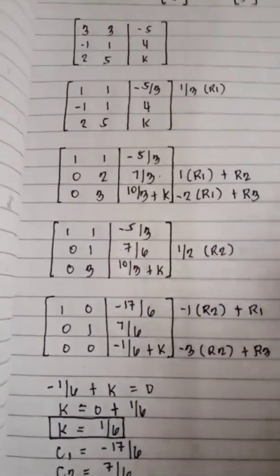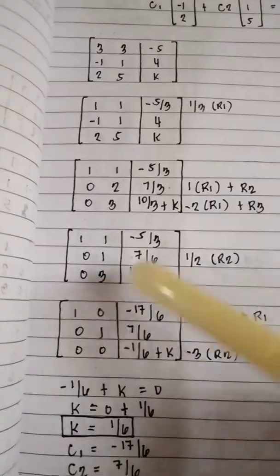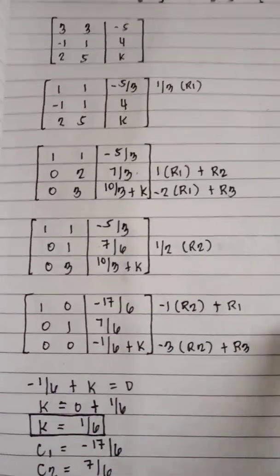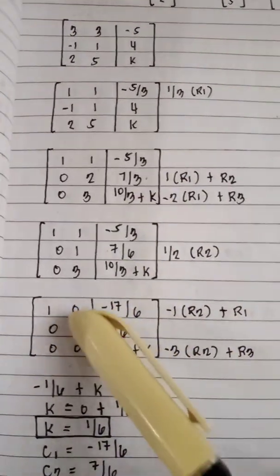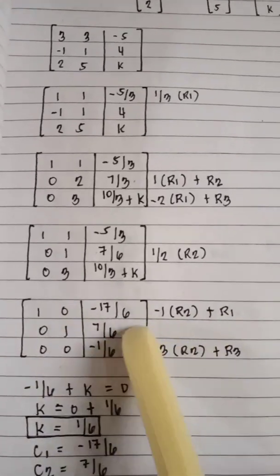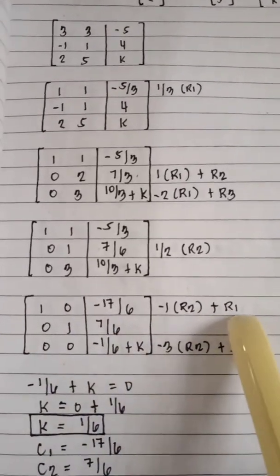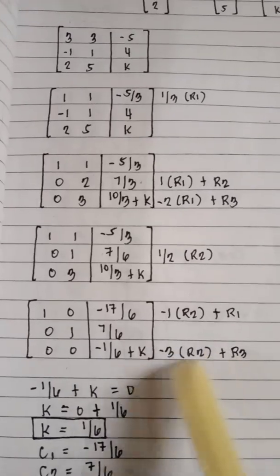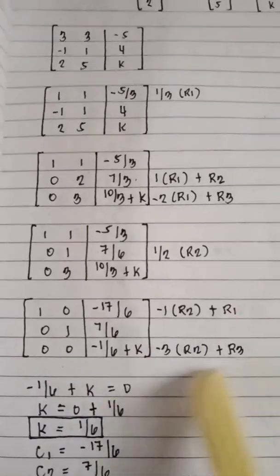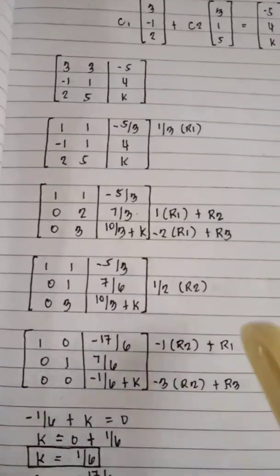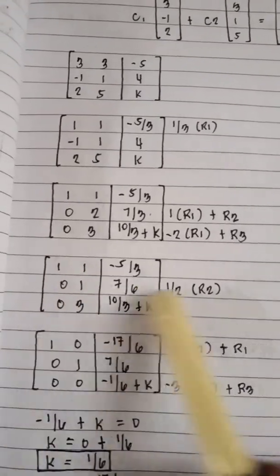So next, we will make this 1 and 3 into 0. In order to do that, we will use the formula negative 1 times R2 plus R1. In R3, negative 3 times R2 plus R3. We will just copy R2.